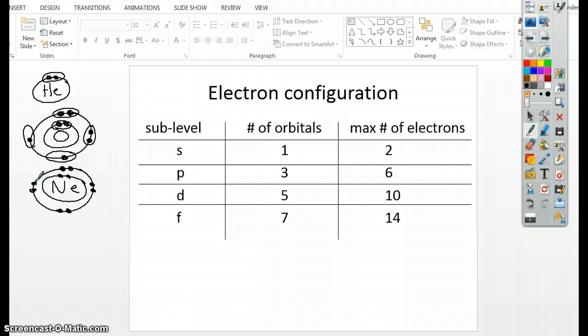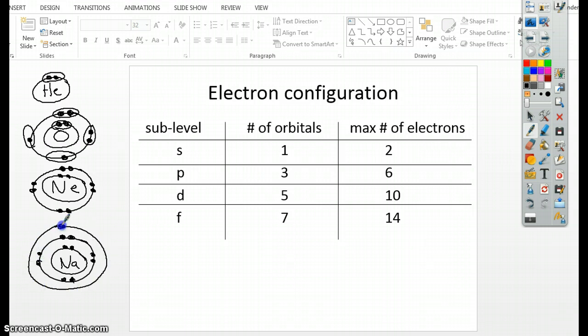Now, for the next element, if you look at neon, the next element on the periodic table is sodium. And we are going to have to add in another energy level because neon's second energy level is full. The P's are filled up. So I'm going to do sodium: 1s2, 2s2, 2p6, 3s1, if you're following along using your arrow diagram.